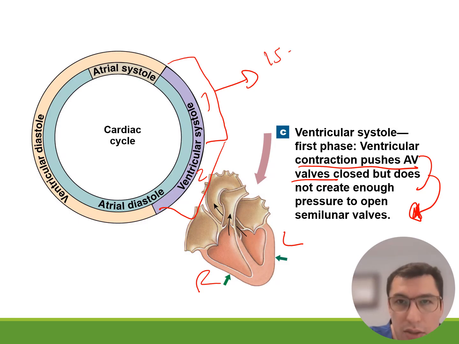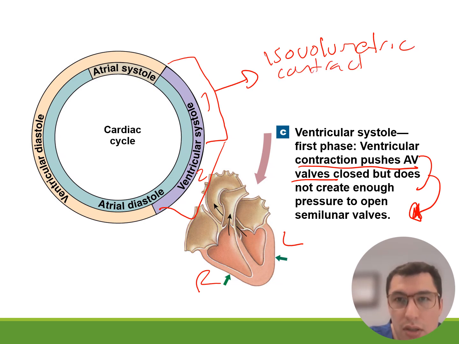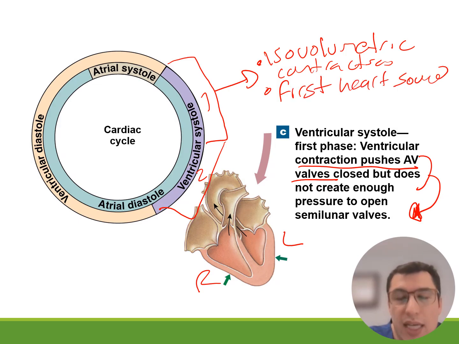So, isovolumetric contraction, with the first heart sound related to the atrioventricular valves closing. And then the second phase, once there is enough pressure, we are trying to overcome the pressure within the arteries.